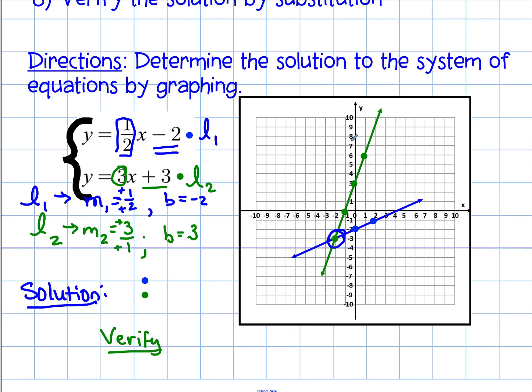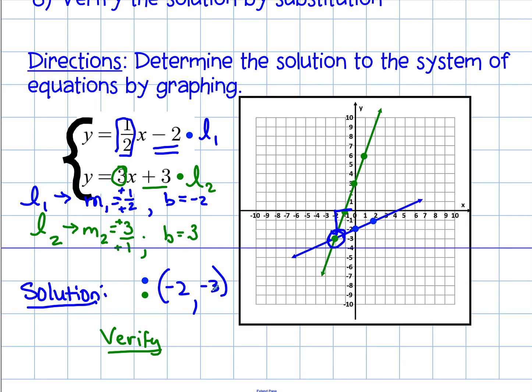Out of all the infinite points that lie on line 2 and the infinite points that lie on line 1, this point right here is the only point that lies on both lines, so it's the point that solves our system. Okay, so what are its coordinates? Its x coordinate is to the left 2, so that's -2, and then it's down 3, so it's at -3.